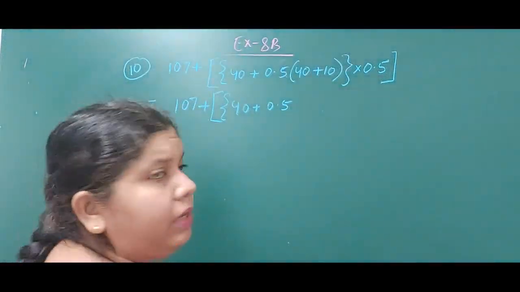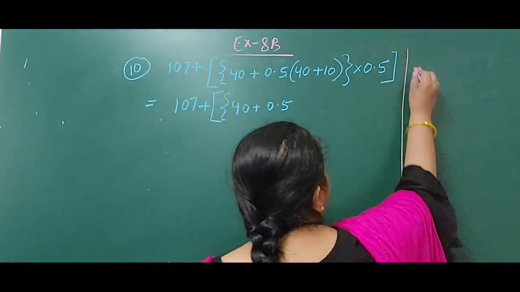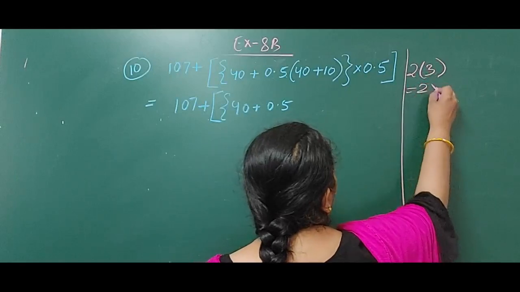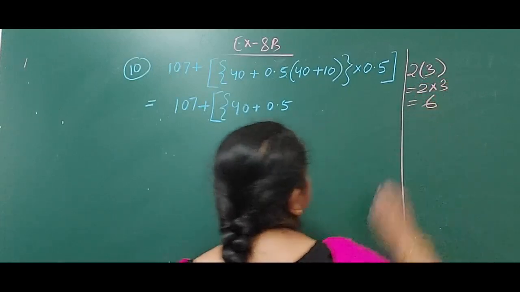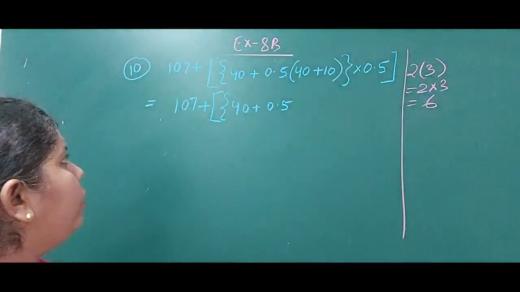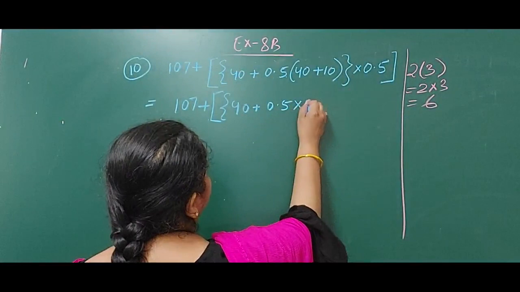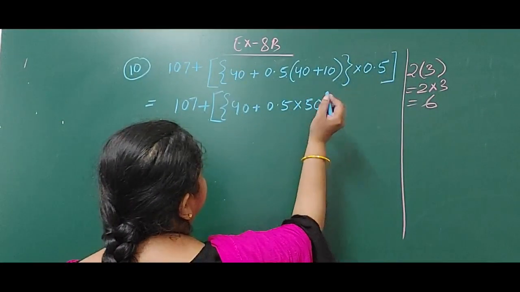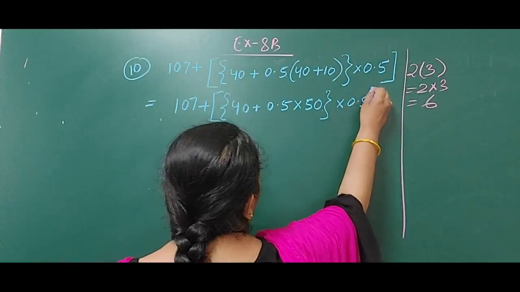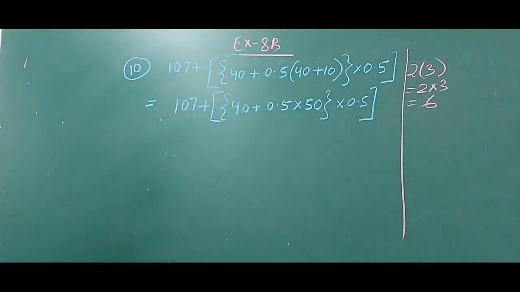For example, suppose we write 2 inside bracket 3. This is equal to 2 into 3 equal to 6. You have to remember it this way. So here also we will write 0.5 into 50 and remove the simple bracket, curly bracket close, into 0.5, and this square bracket is closed again.